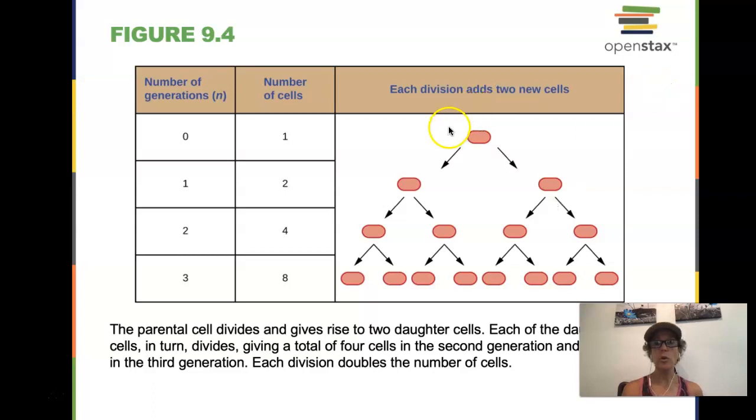So if we start with one cell, in one generation we have two cells. Each of those divides, so in 2 generations we have 4 cells, etc. And if we kept doing that, it would not take very long for there to be millions to billions of cells in a 24-hour period.